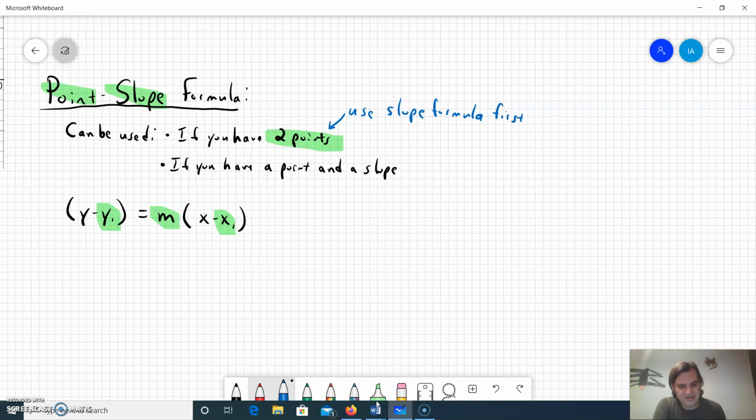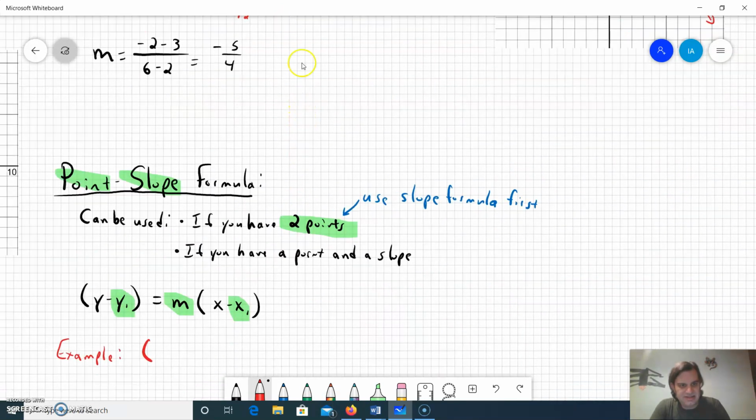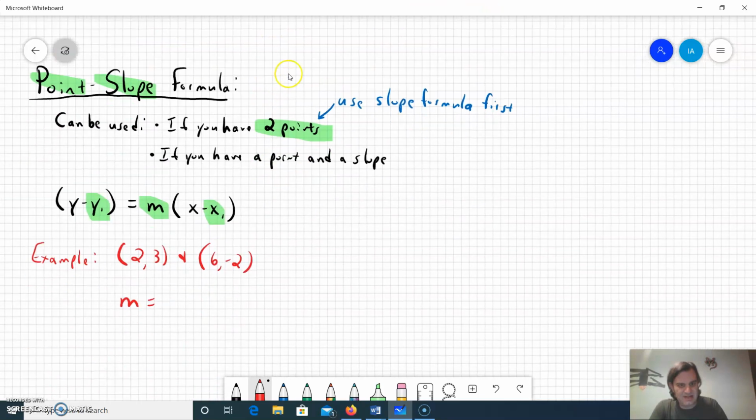So if we kind of go back to what we had, we were given the points, and let's go back and look at them since I don't remember them. 2, 3, and 6, negative 2. And we figured out that the slope from the slope formula was negative 5/4.